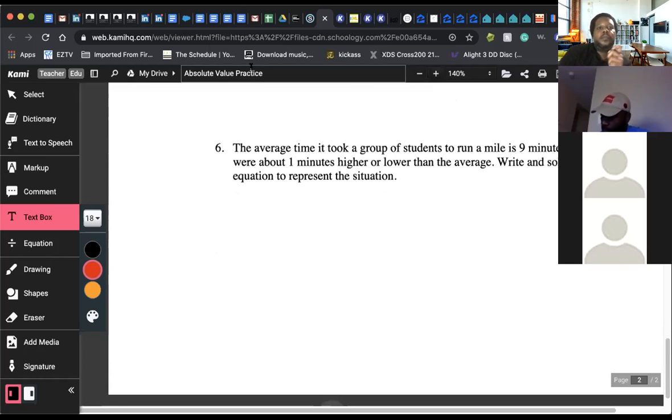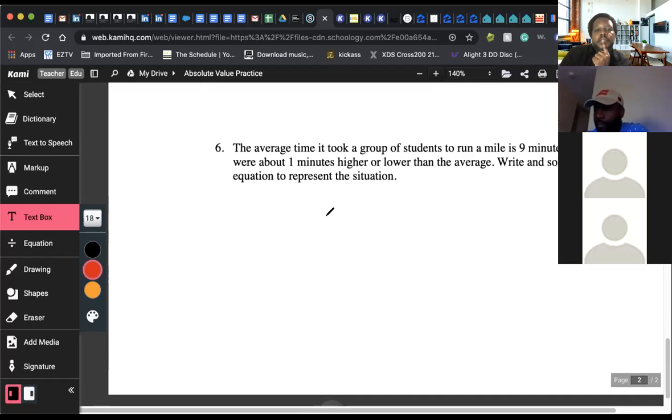So the average time it took a group of students to run a mile is 9 minutes. Times were about 1 minute higher or lower than the average. So we're dealing with average again. Use S as a student.